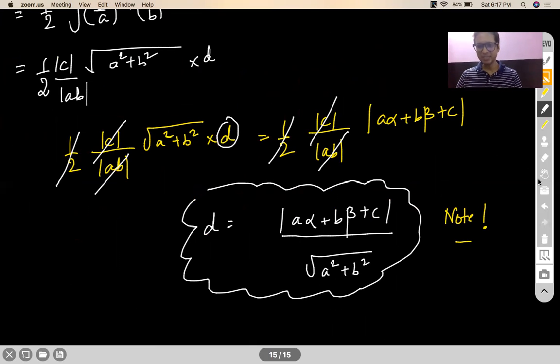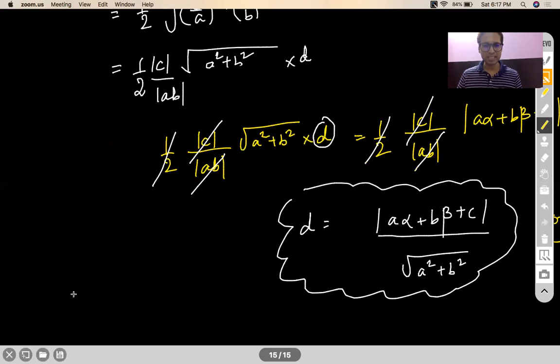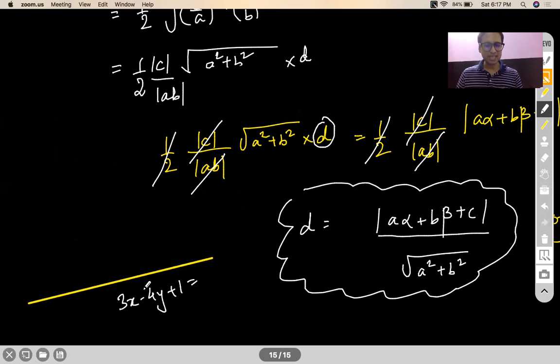Okay, let me give you a simple example just to illustrate this before going on for a break. So let's say I have a line, 3x minus 4y plus 1 equal to 0, and I want to find out the distance of a point (2, 3) from this line. So what does this formula say?